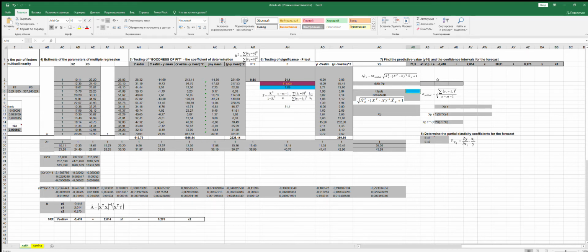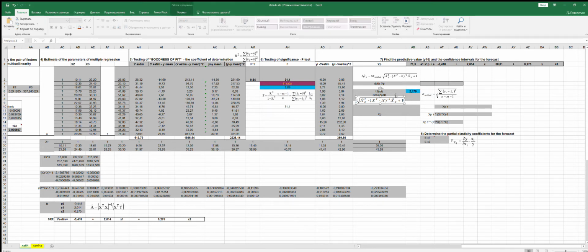You probably remember that for this reason we use the inverse Student distribution function. We put our level of probability, which is 0.05. Then our degrees of freedom, n minus m minus 1, which is equal to 12. Good. So this is our t-table.